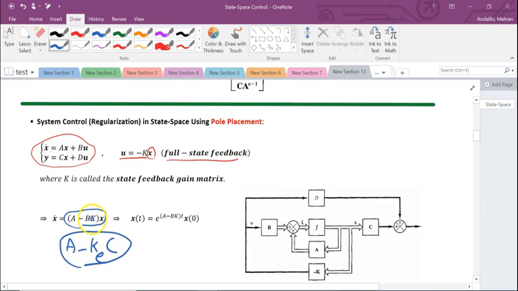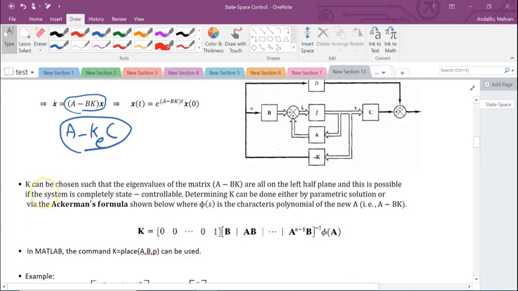How did we choose K? Remember, we found it using Ackermann's formula, which was this vector of all zeros and 1 times the controllability matrix times phi of A, where phi is the polynomial with desired roots for the matrix A minus BK with the desired eigenvalues. So it was the characteristic polynomial of the new A matrix.